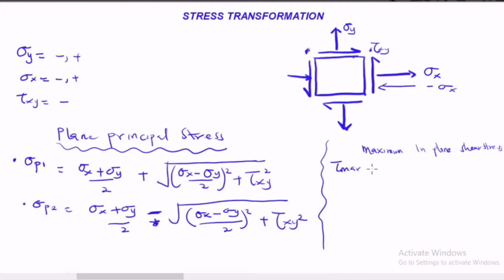In that case, with that formula, we are going to have plus or minus the square root of the stress in the x direction plus stress in the y direction all over 2, then plus the shear stress in the x and y direction all squared. So this is the formula also for finding the maximum in plane shear stress. Now let's move on to the next equation.